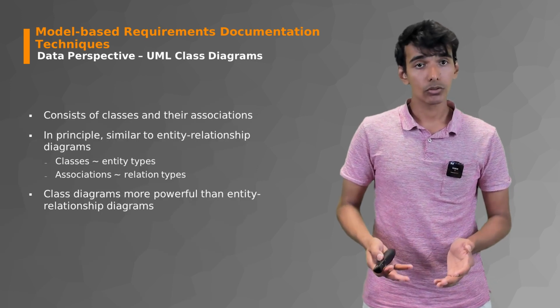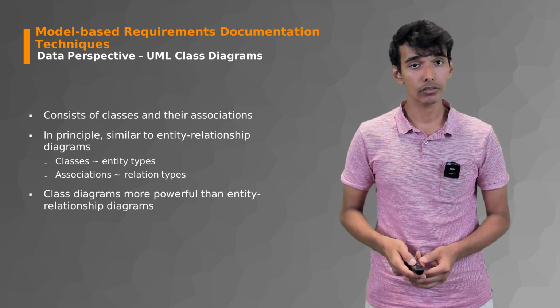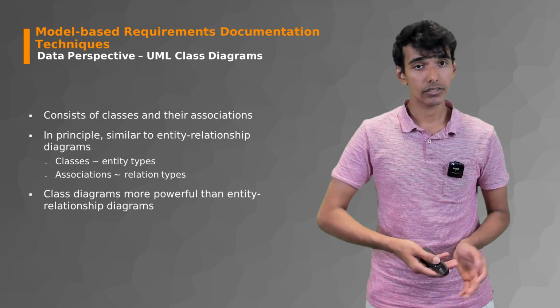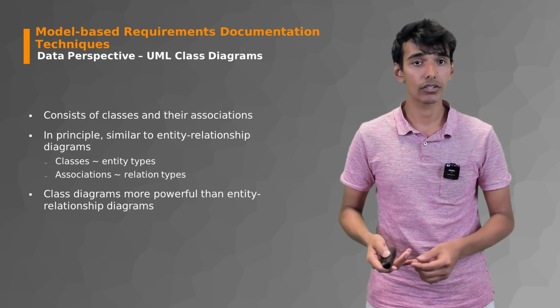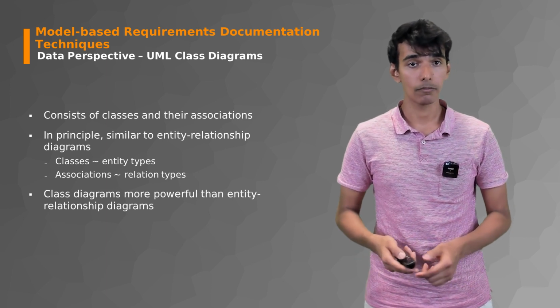So moving on to UML class diagrams, another type of diagram used for the data perspective for models. These consist of classes and their associations. So it's derived from the object-oriented programming model.